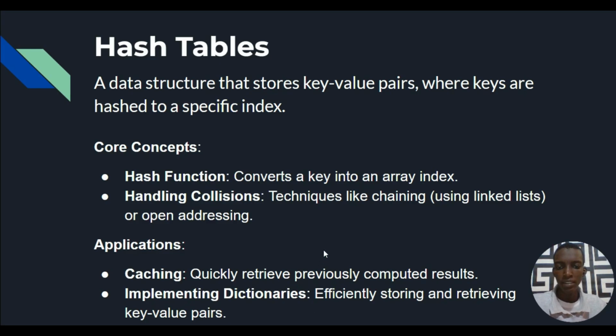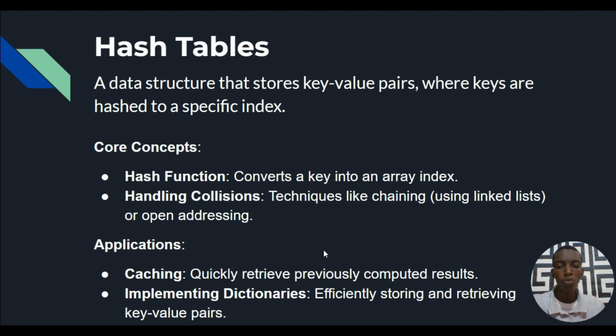The next thing we'll be looking into is hash tables. What is a hash table? It's a data structure that stores key value pairs where keys are hashed to a specific index. The core concept is that the hash function converts a key into an array index. Then handling collisions, with techniques like chaining using linked lists or open addressing.